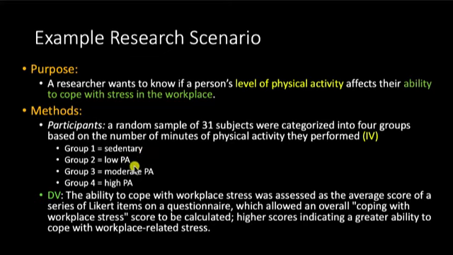People in the low PA group are not included in any of the other groups, etc., etc. The dependent variable is a person's ability to cope with workplace stress, and that was assessed using an average score of a series of Likert items on a questionnaire, which allowed an overall coping with workplace stress score to be calculated. Higher scores indicate a greater ability to cope with stress.